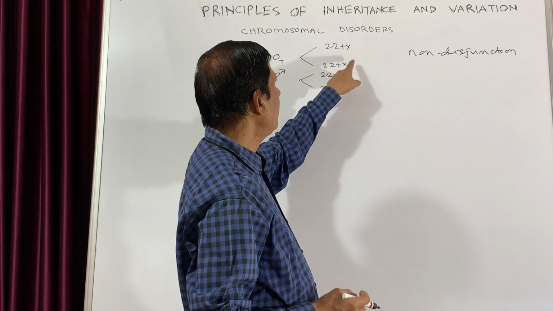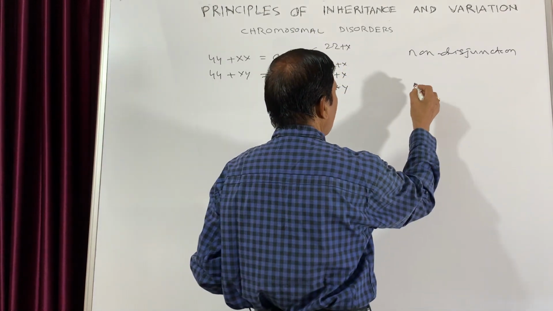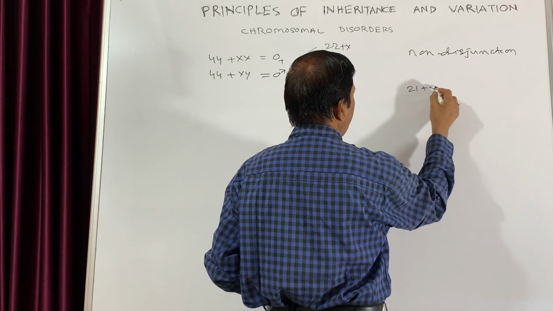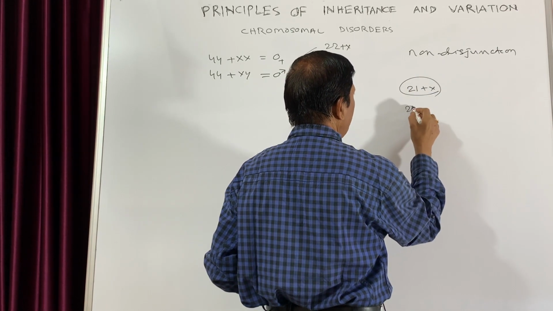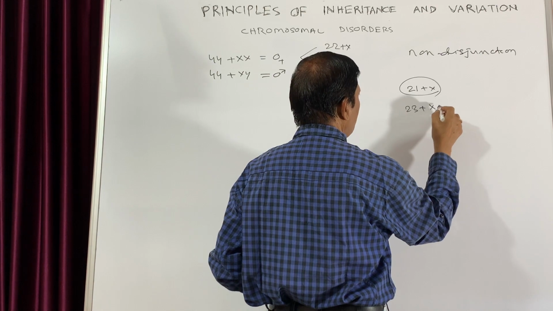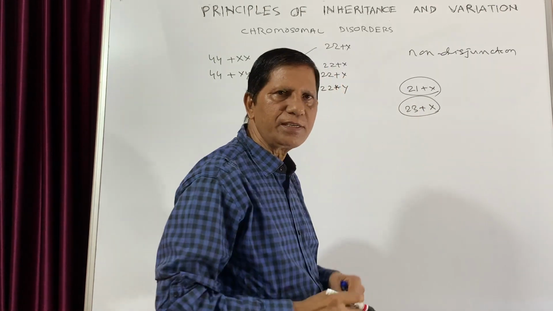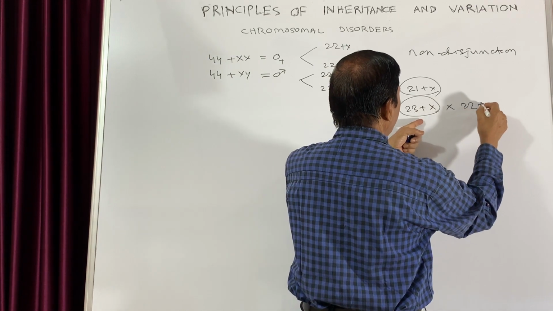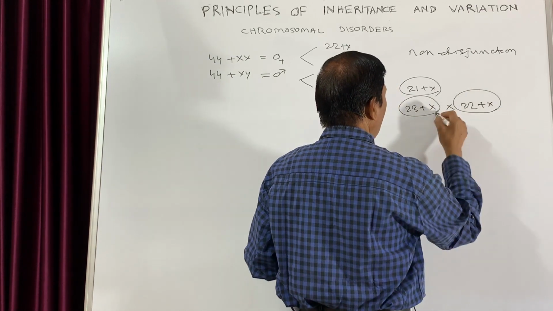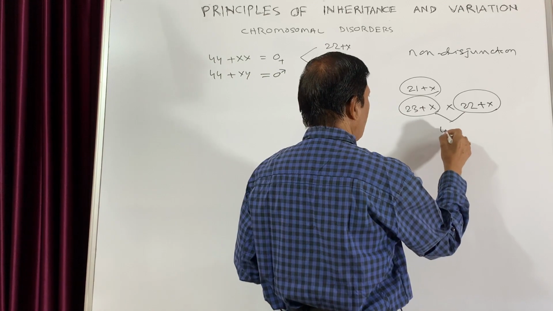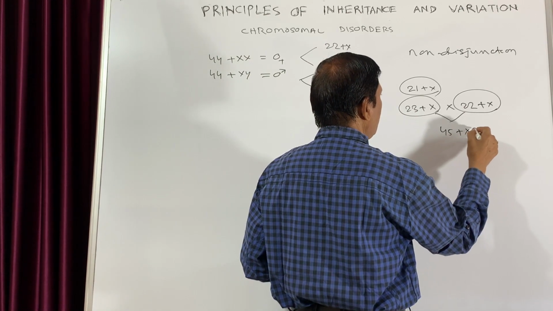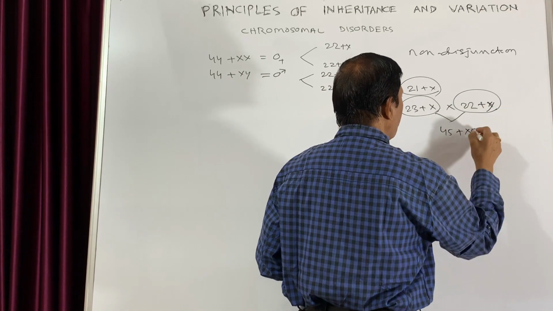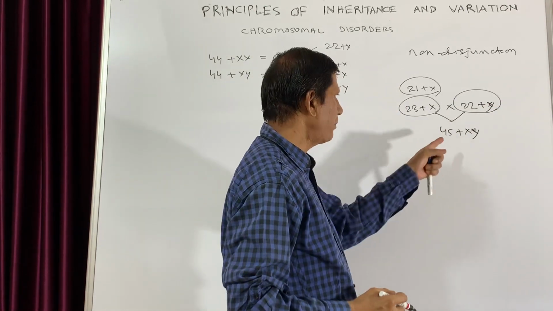And then there will be the X chromosome. Suppose to one side 21 plus X will move, and to the other side 23 plus X will move. That means there is a difference. So when this fertilizes with a normal one, it will give rise to 45 plus 2 X chromosomes, or it will give rise to X, Y. That is 45 plus 2.